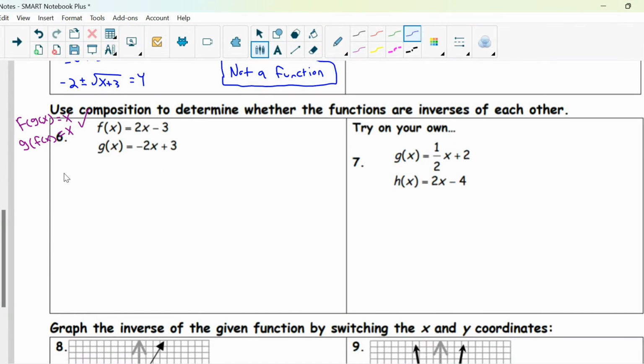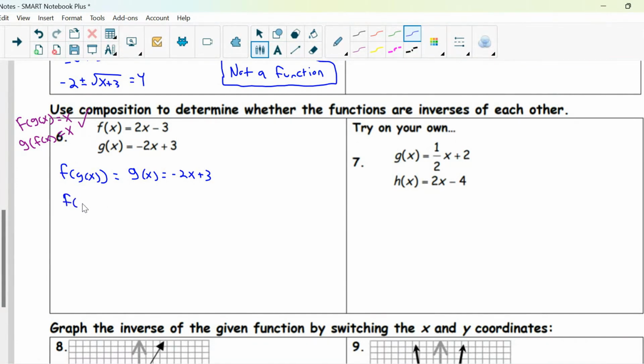So if I have f of g of x, and you do need to try this both ways unless you come upon a non-inverse. Let's do this. First of all, I know that g of x equals negative 2x plus 3. So now I'm going to substitute negative 2x plus 3 in for x.